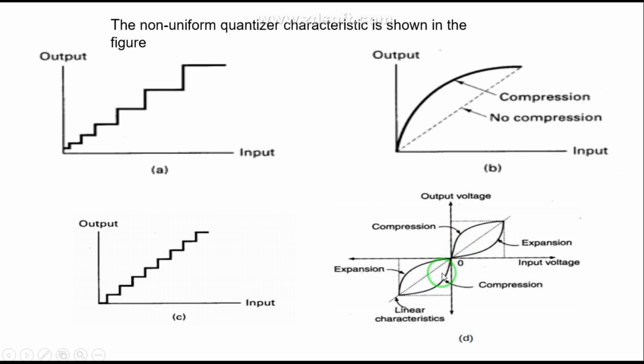And this non-uniform quantizer can be used to make the signal to quantization noise ratio constant for all the signals within this input range. And from this you can see the characteristic of how the step varies according to the input signals. So this is the non-uniform characteristic.